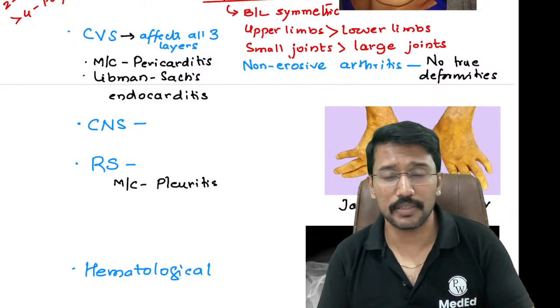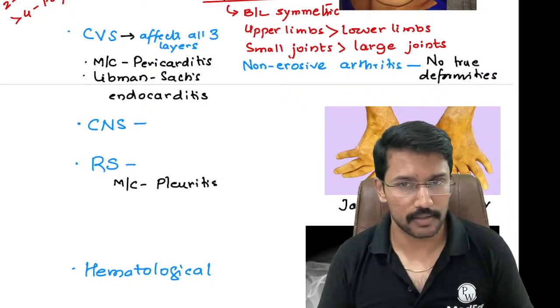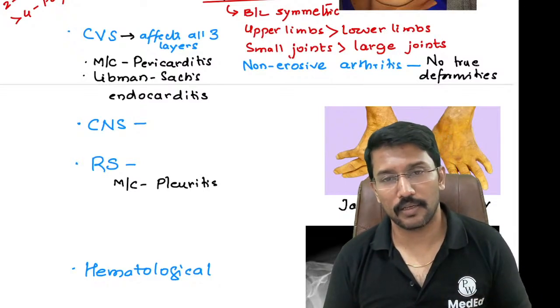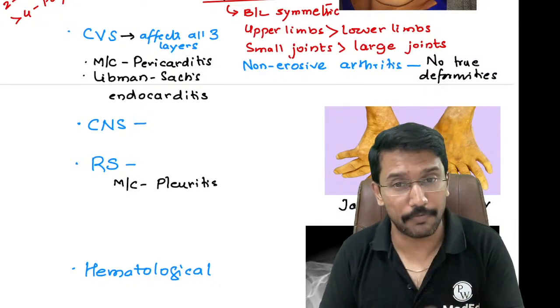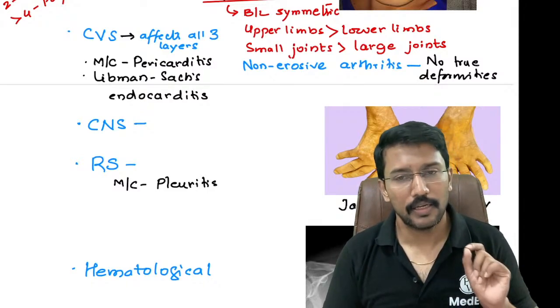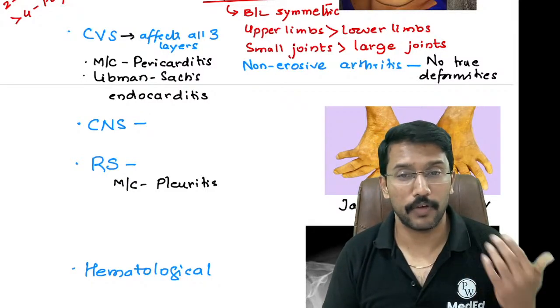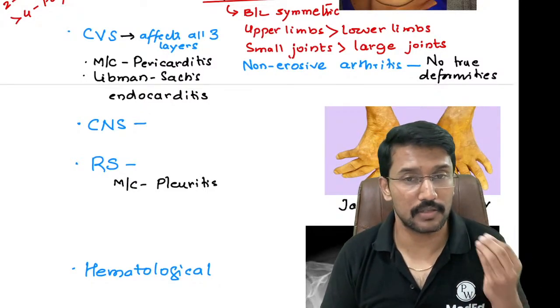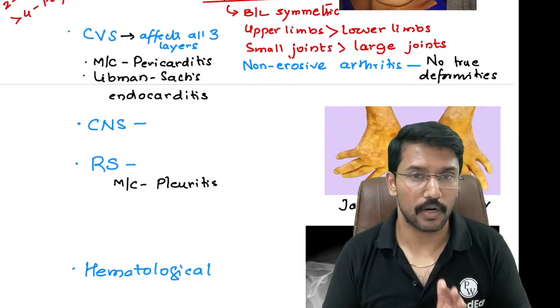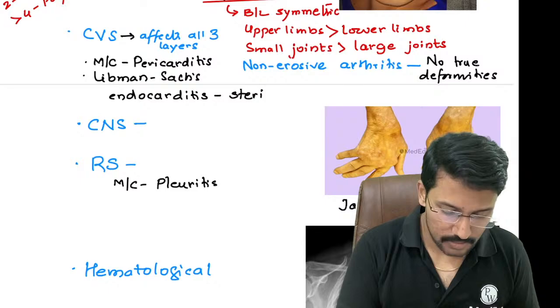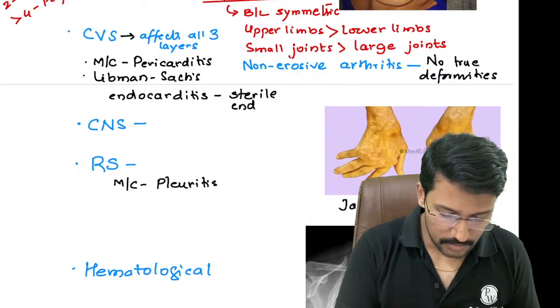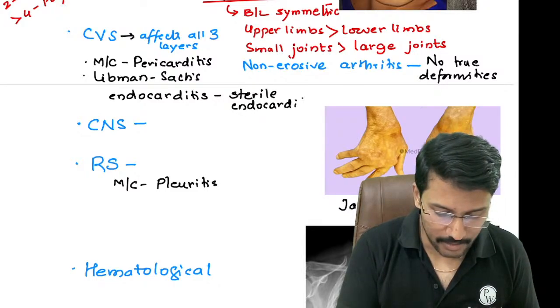Otherwise we have infectious endocarditis, where organisms like Staph epidermidis and Staphylococcus aureus have caused the infection to the endocardium. Here it is interferon 1 and other inflammatory cytokines and antibodies that have caused the damage and inflammation to the endocardium. So it is going to be a sterile endocarditis called Liebman-Sachs endocarditis.